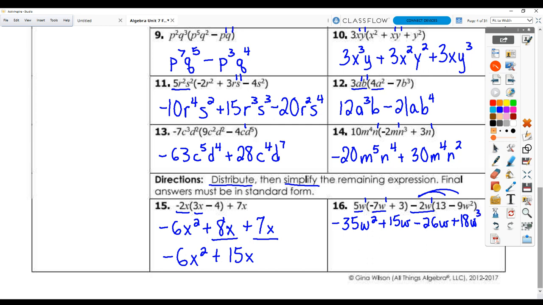Now careful, we're looking for standard form so that w to the third goes first. So 18w to the third. Now let's go down in exponent order. So minus 35w squared. And now we have some like terms here to combine with our plain w's. So 15 minus 26 is minus 11w.